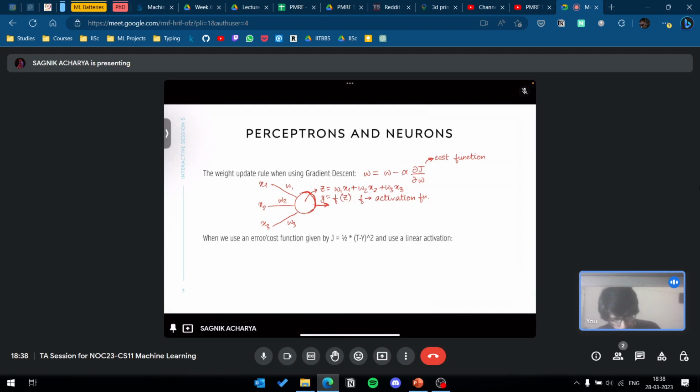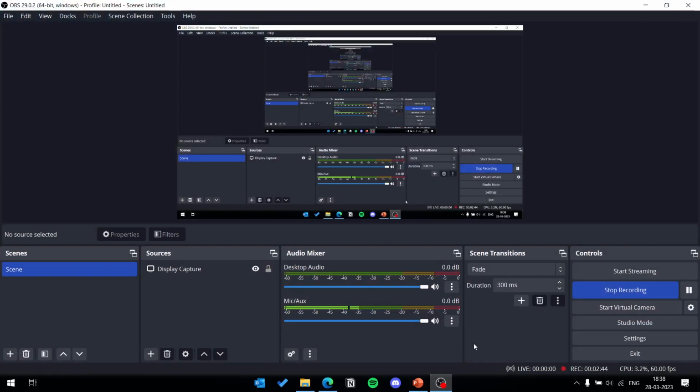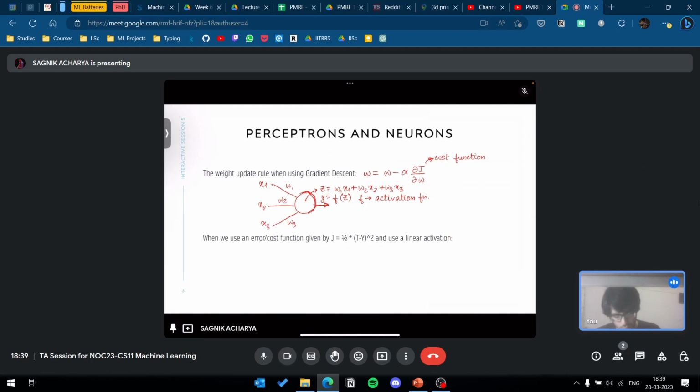Now the cost function J will be some function of the target and this value y. The cost function that we usually use, let's say we take a form for that, half of t minus y the whole square.